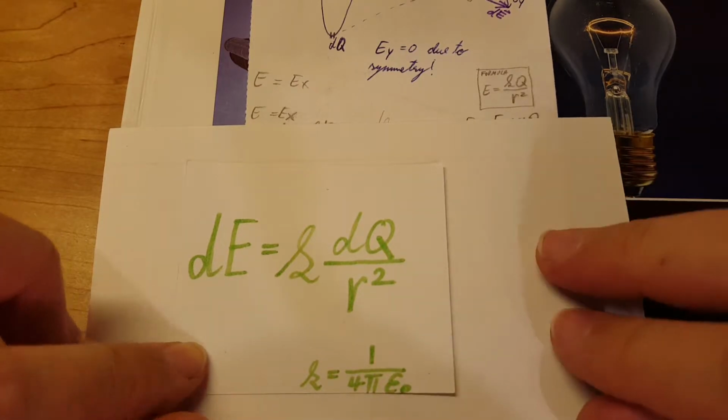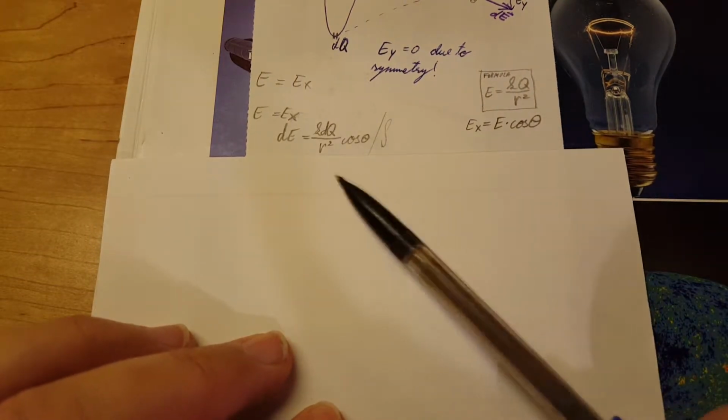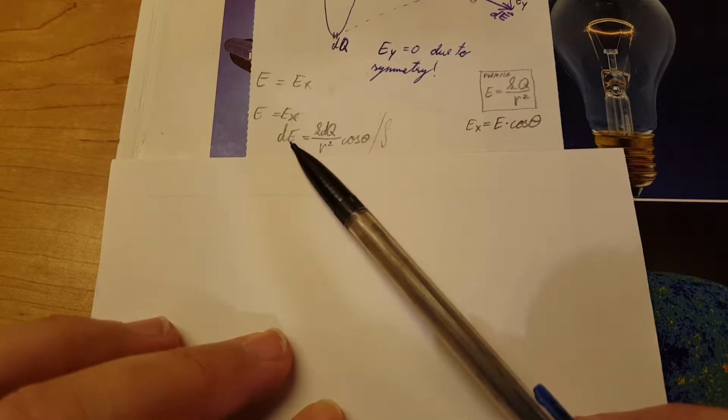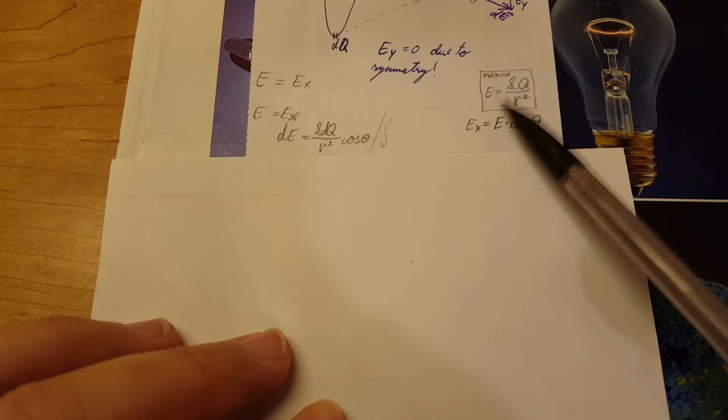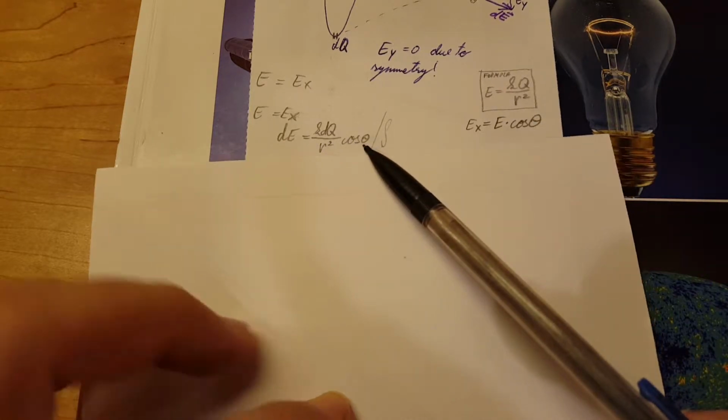We're gonna use this one first. We're gonna start substituting in. We're gonna take dE equals, from here we're gonna plug it in, and cosine theta.